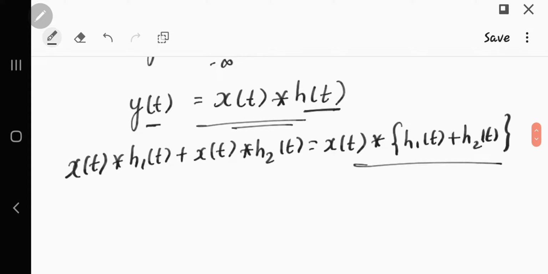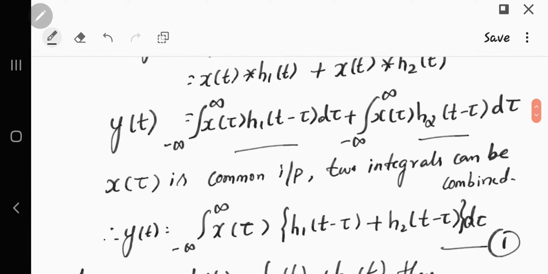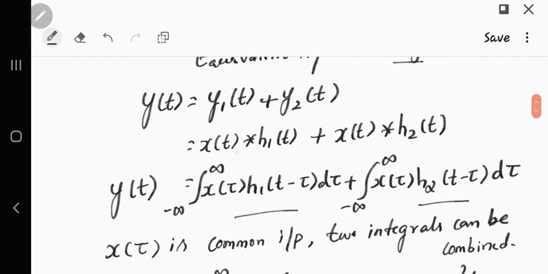Now, what is y of t? Here, we started with the parallel connection, that is the output y of t is y1 of t plus y2 of t, which is x of t convolved with h1 of t plus x of t convolved with h2 of t. So, this is y of t.